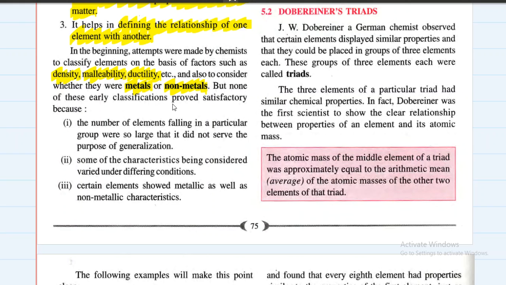But none of these early classifications proved satisfactory because the number of elements falling in a particular group or category was so large that it did not serve the purpose of generalization. So generalization on the basis of these physical properties was very difficult.